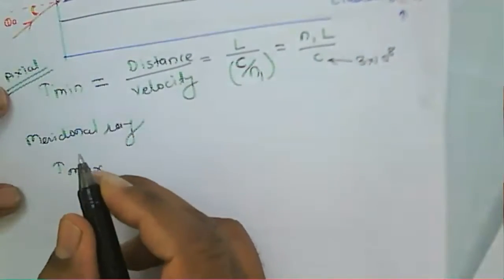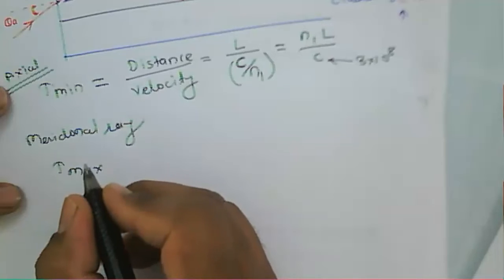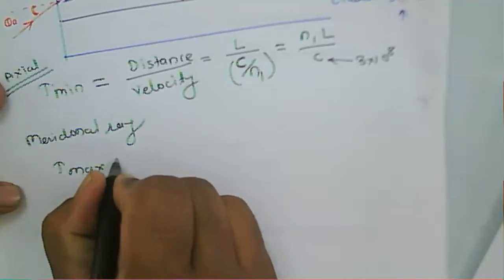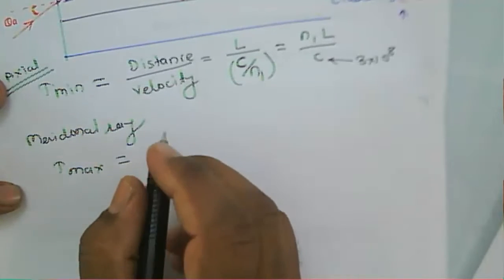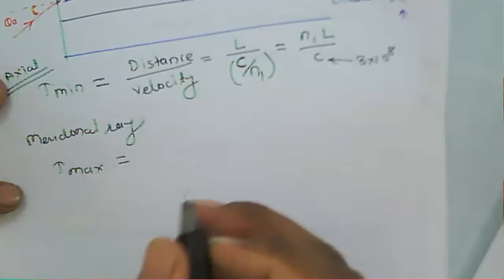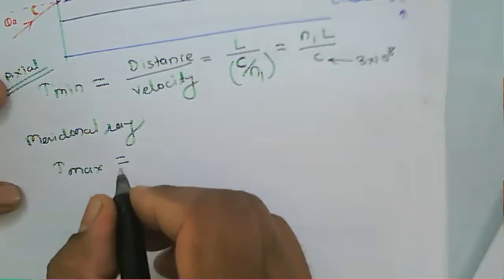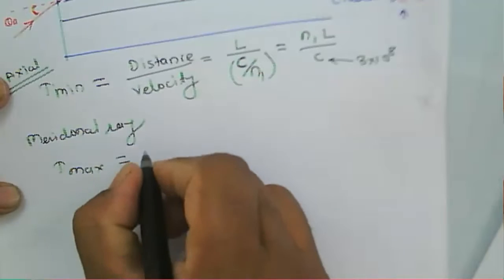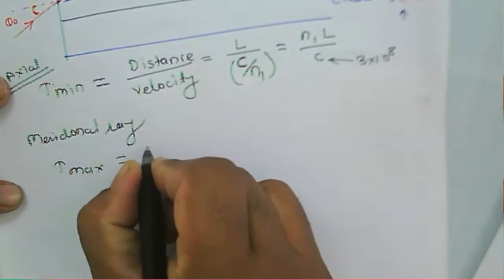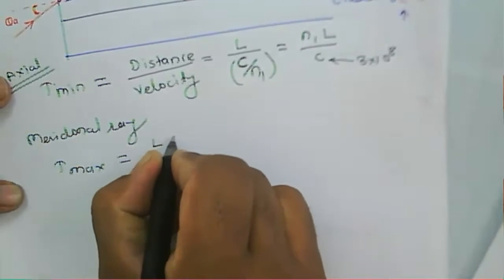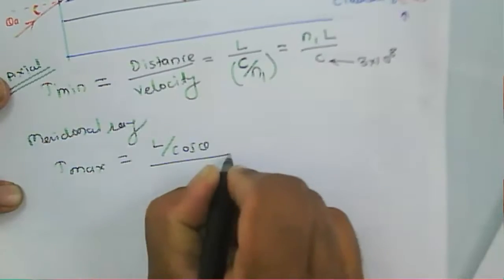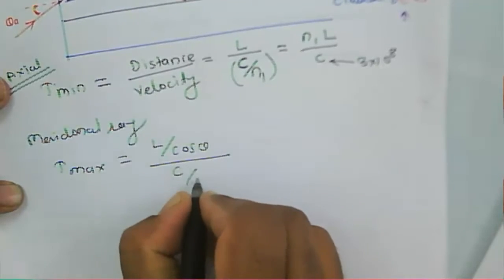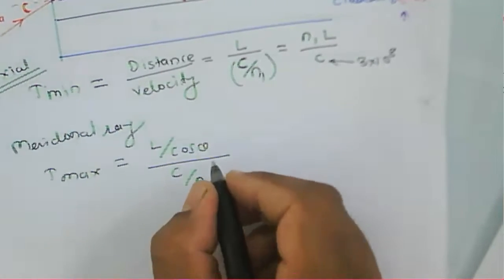So that is the maximum delay time, T max, or the time taken by the meridional ray to travel the distance L. That depends upon L by cos theta divided by c by n1.